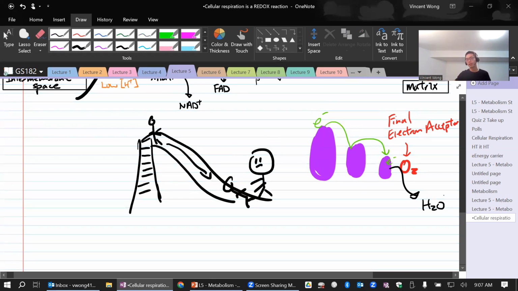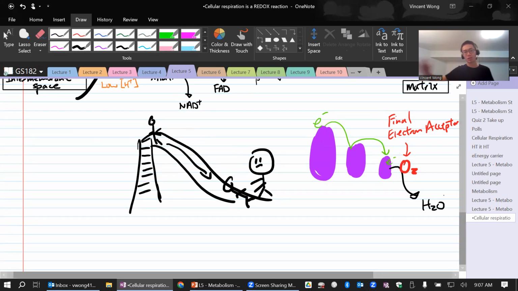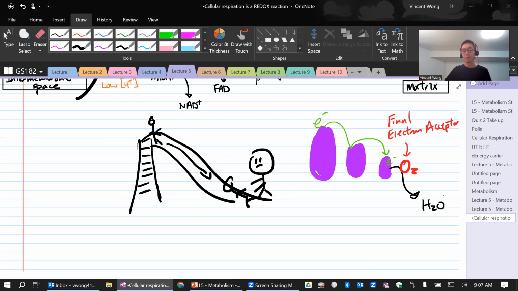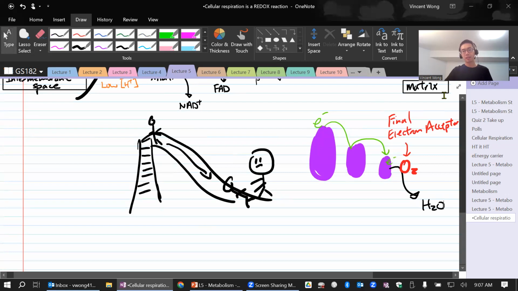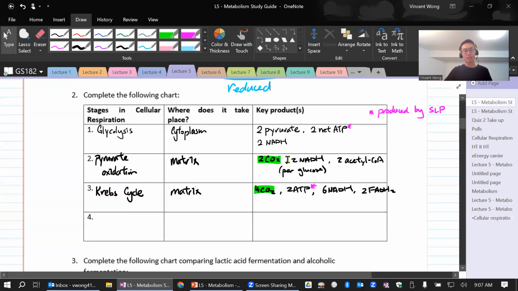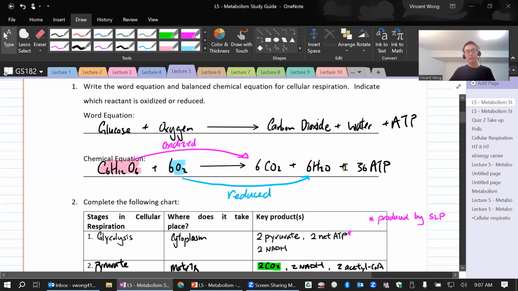And where does the H come from? Well, don't worry. There's lots of H floating around in the matrix. We know that already, right? So if you go back to the equation that we wrote, cellular respiration is a redox reaction. We got the electrons off from glucose. Ultimately, where do they go? Well, after being carried by the NADH and the FADH2, ultimately those electrons will end up on the oxygen.